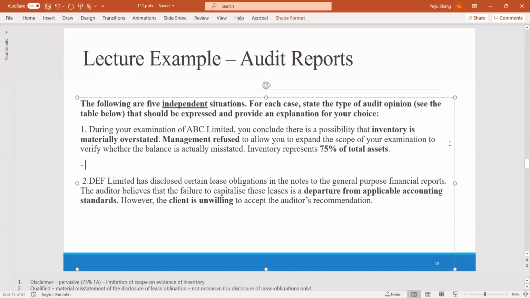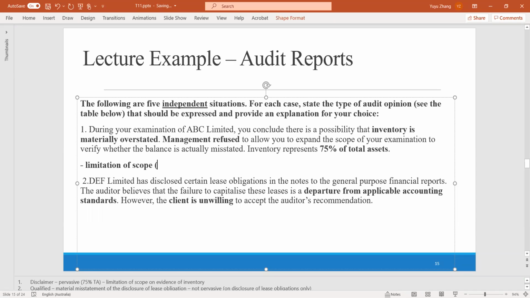So can we also follow the logic? So what is the key issue in this situation? Limitation of scope or material misstatement? So the key issue is you suspect inventory is overstated, but management refused to allow you to do the test, right? So that's the issue about limitation of scope.